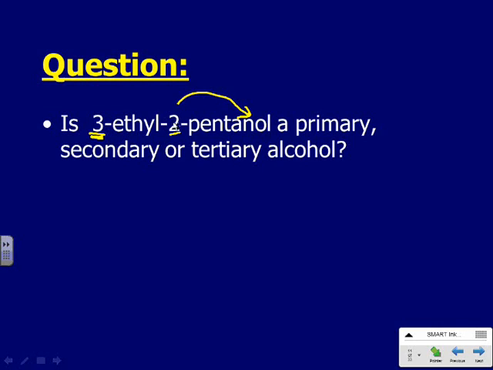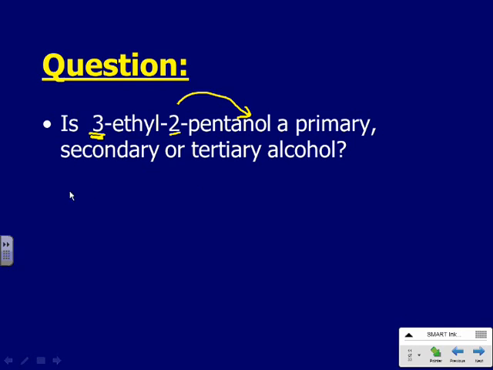So number 1, it's not at the end of the chain, or it would be a 1-pentanol, which means it's in line in the chain. And it's not in the position where a branch was. This would be 2-ethyl-2-pentanol. And so it's not where a branch is, which means it's in the chain. That makes this a secondary alcohol.